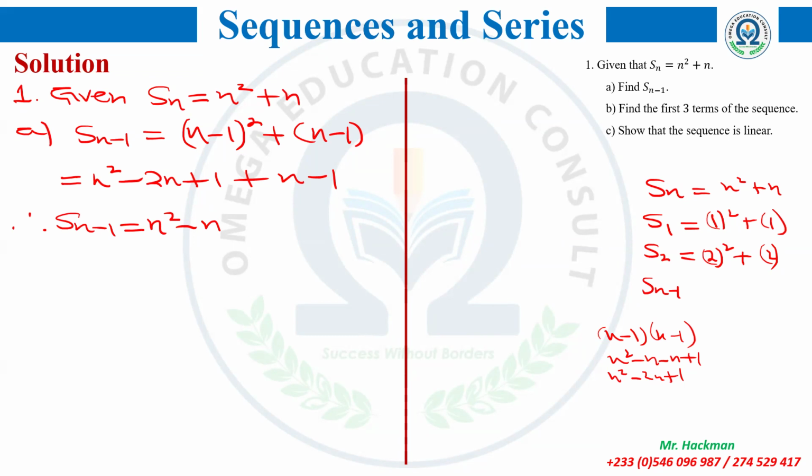Which one? The plus into brackets n minus 1. Why didn't you use the sign to expand the brackets? That's what I used. So there's a plus 1 here. So it will be 1 times n, which is n, then 1 times minus 1, which will give you minus 1.